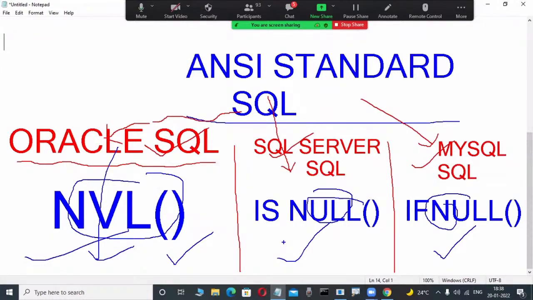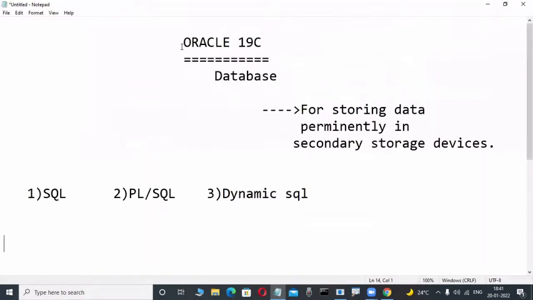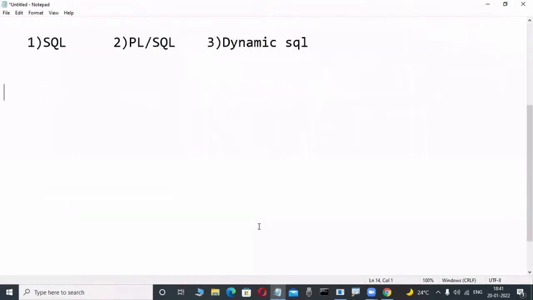That's why, always remember, SQL is an ANSI standard language. From that SQL language, Oracle Corporation created their own SQL language that is called Oracle SQL.